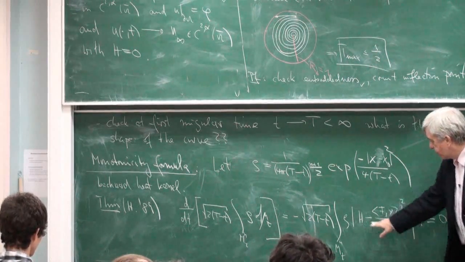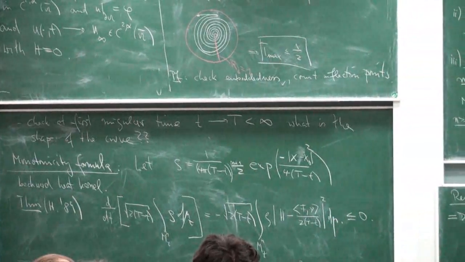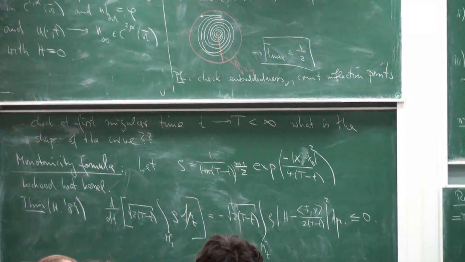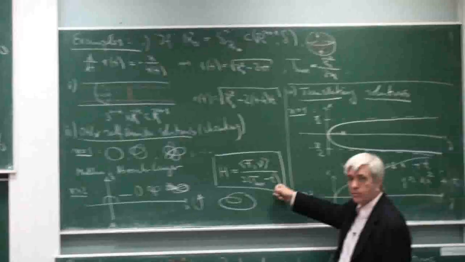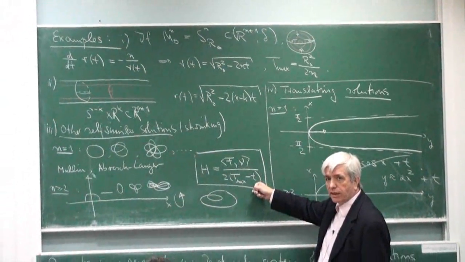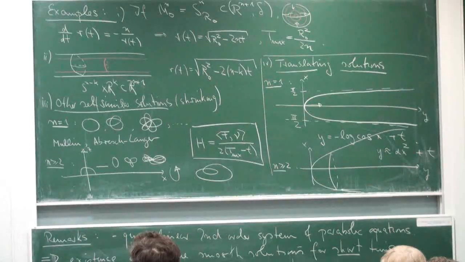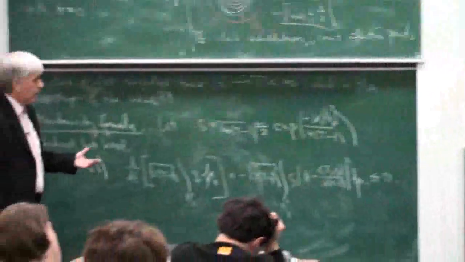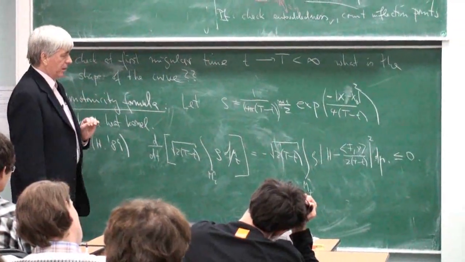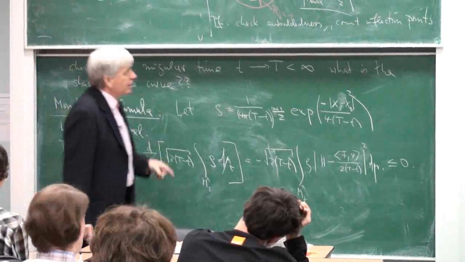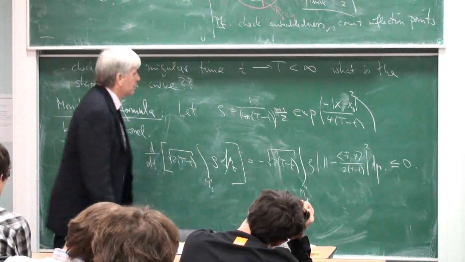But what was it? Right-hand side 0. These were these guys. These are the self-similar shrinking ones. So in other words, you can only have equality here if you're on a self-similar shrinking one. And that allows you to classify these singularities.